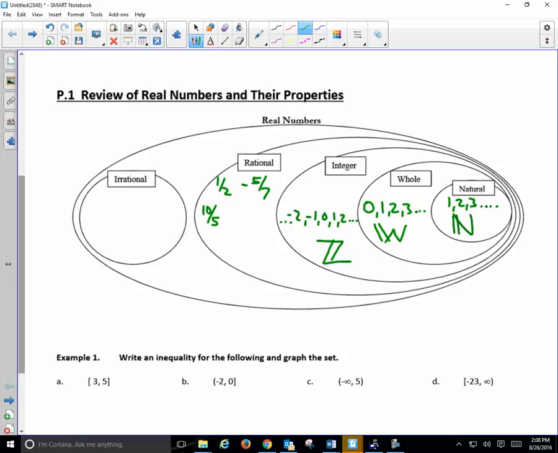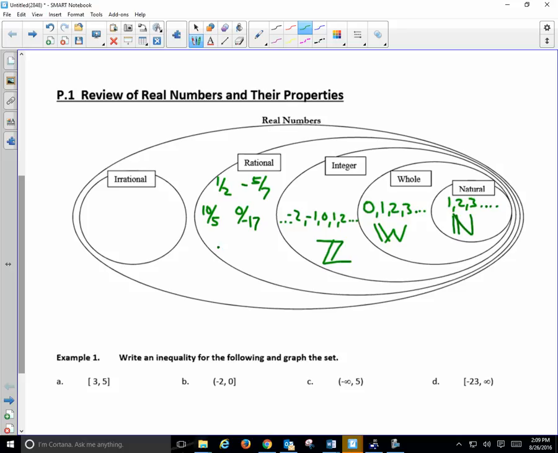It can be simplified to 2. A 2 can be written as a fraction. That's why it's included in this set. We have other examples. Say 0/-17. That's still 0.